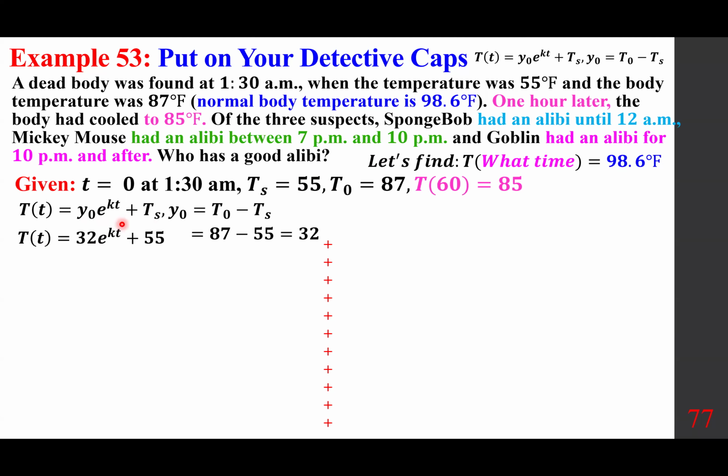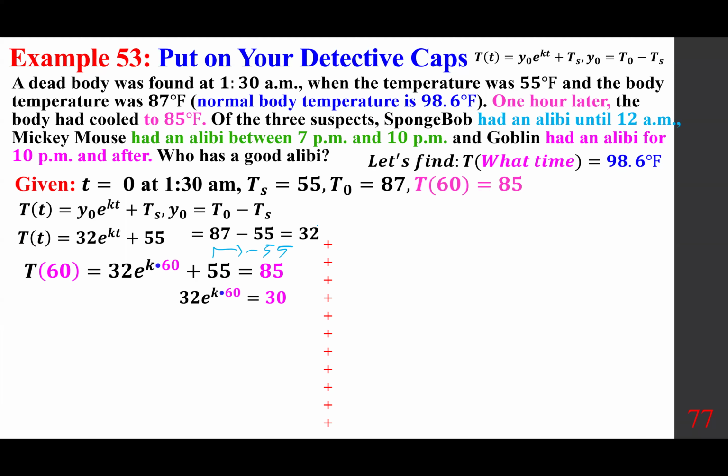So we have the formula in the following manner. T of t is 32 e to the power of kt plus 55. Everything is in order. What's missing is k. How do we find the k? We know T of 60 is 85. So if I replace the lowercase t with 60, the uppercase T must be 85. And we solve that by moving the 55 and subtracting it from 85, we get 30.